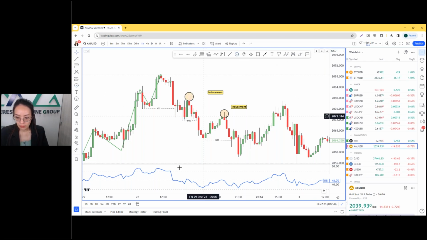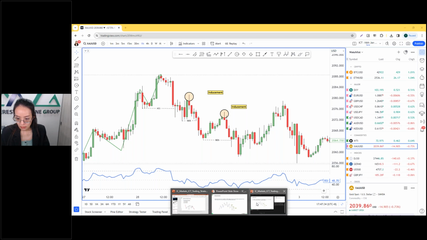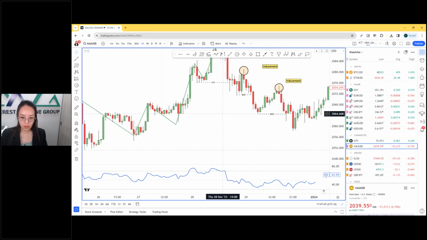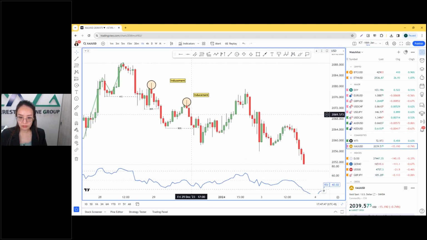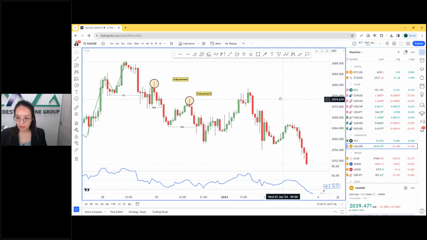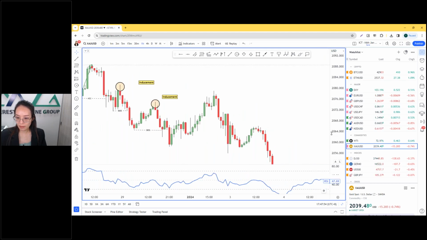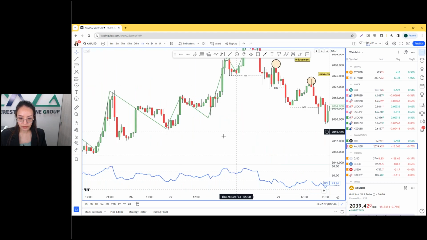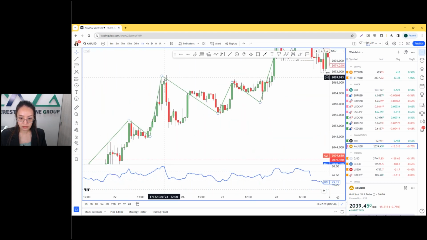Okay, now we go to this one, and then now you're going to get a fair value gap. So fair value gap is really quite straightforward. Basically, I still want to use this example for later, for how we get the entry. Fair value gap is something where you might have three candles, either from a resistance or support level.